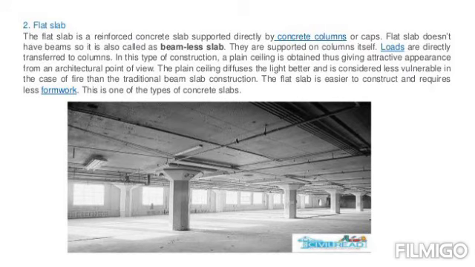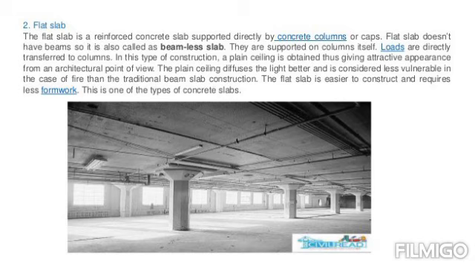Flat slab. The flat slab is a reinforced concrete slab supported directly by the concrete columns or caps. Flat slab doesn't have beams, so it is also called the beamless slab. These are supported on the columns itself. The loads are directly transferred to the columns. In this type of construction, a plain ceiling is obtained, thus giving attractive appearance from an architectural point of view.